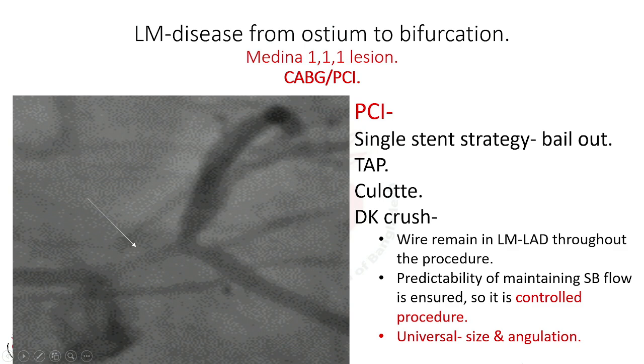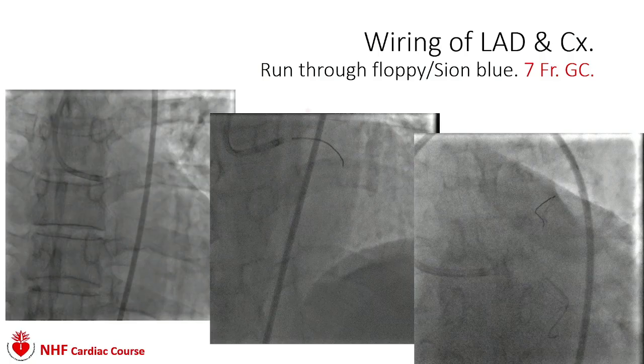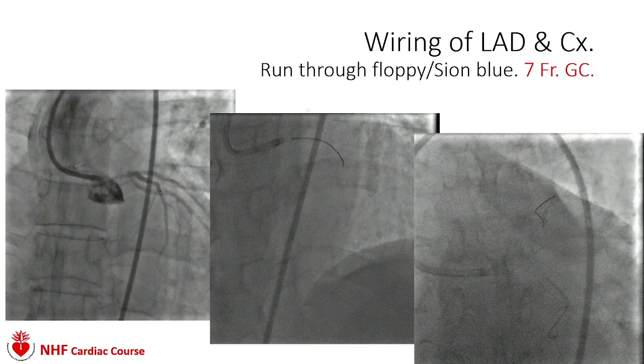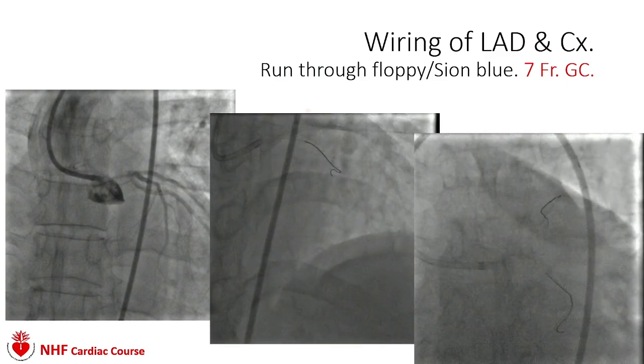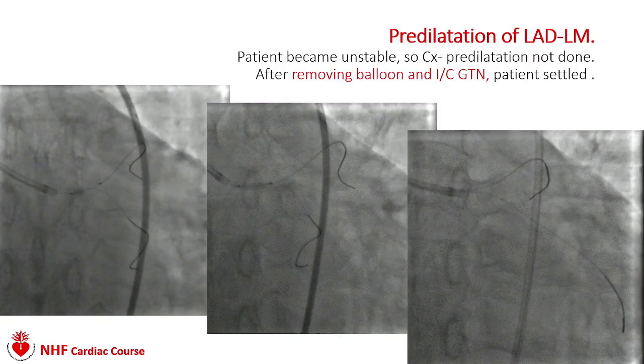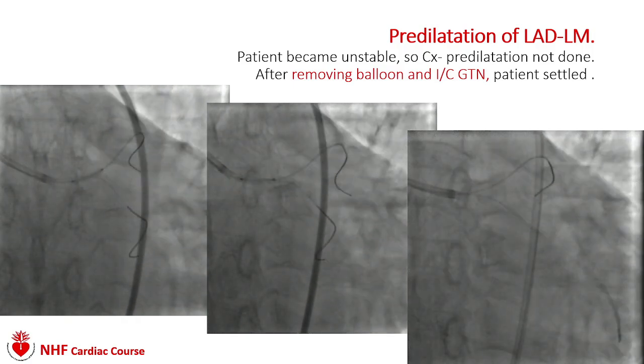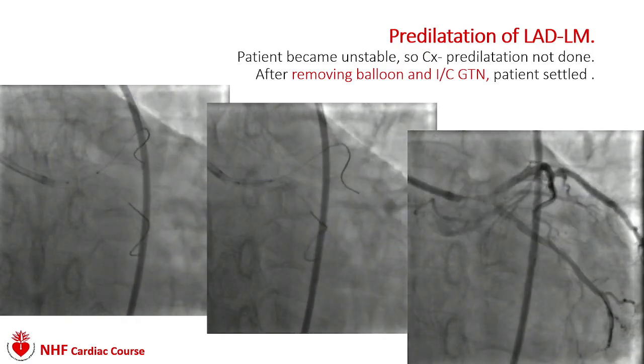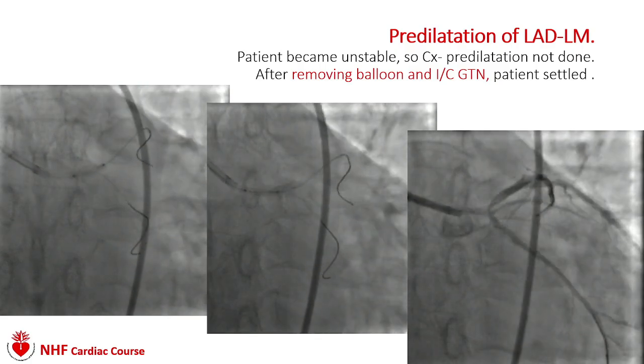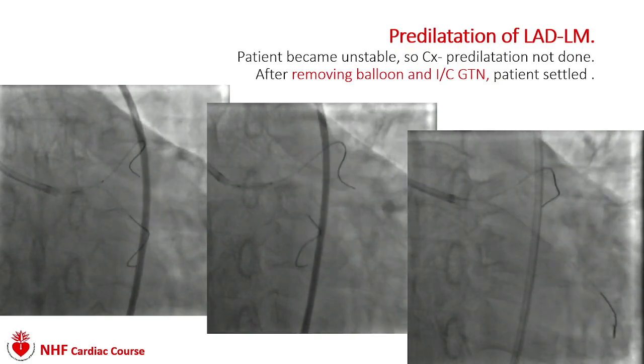And regarding size of the side branch and main vessel, and regarding angle, this is a universal technique. So first is wiring of both LAD and LCX, then predilatation of the LAD and left main. The patient became unstable at this stage, so we did not do the IVUS at this step.